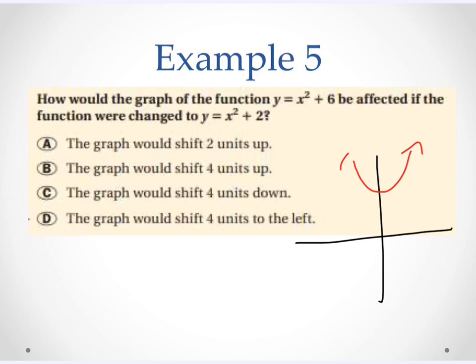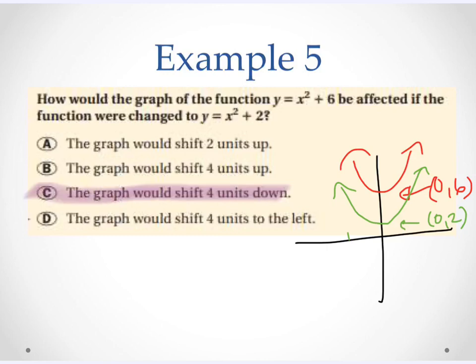So it's going to look something like this, right? And the second graph is going to have a y-intercept of 2, or the vertex is going to be (0, 2). How do you get from the red to the green? It's going to go down 4 units. So the answer for this one is C.